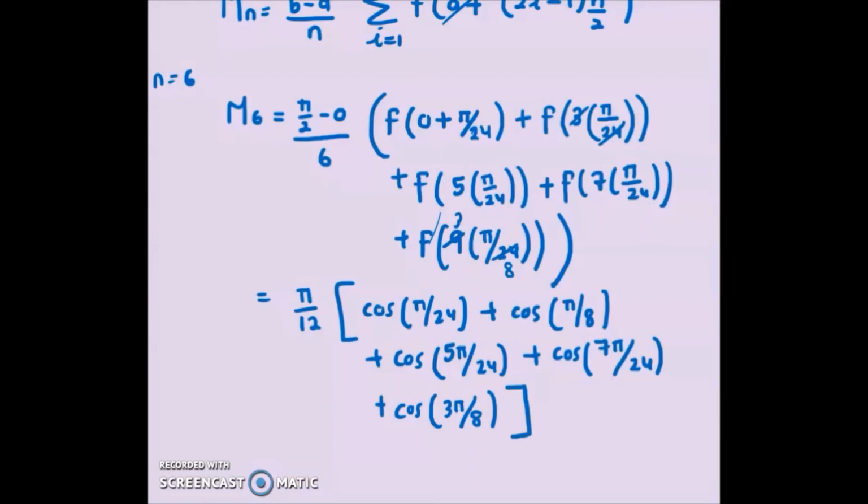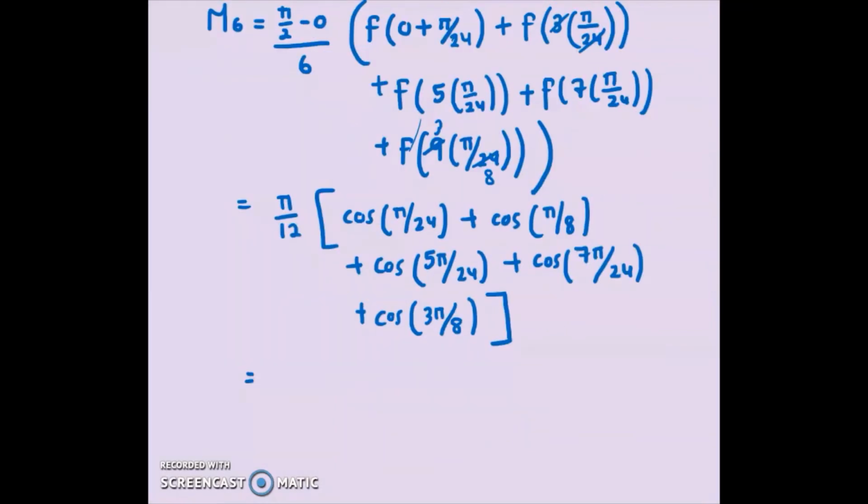Okay, so this is a matter of pressing your calculator. We get 0.9687. So this is by composite midpoint rule.